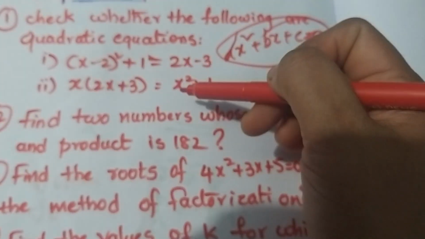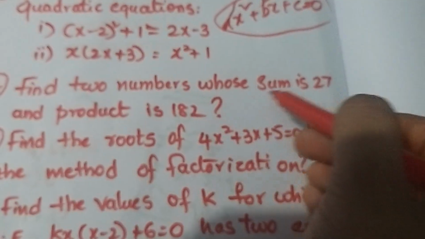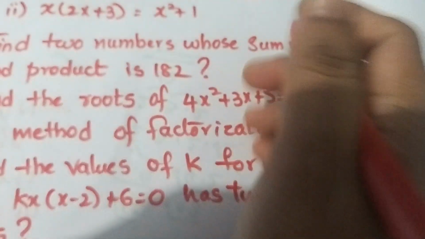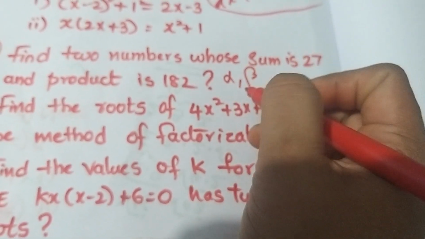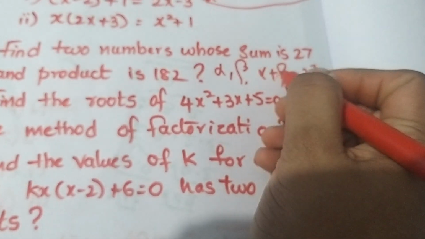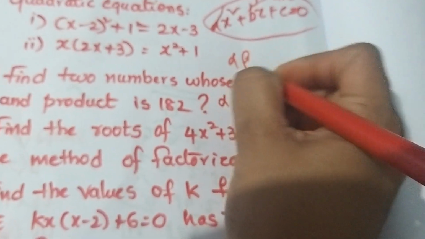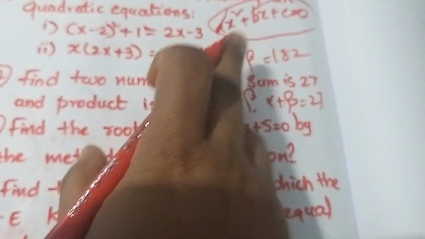Find two numbers whose sum is 27 and product is 182. So we take the numbers as alpha and beta, alpha plus beta equal to 27 and alpha beta equal to 182, and we have to find the values.